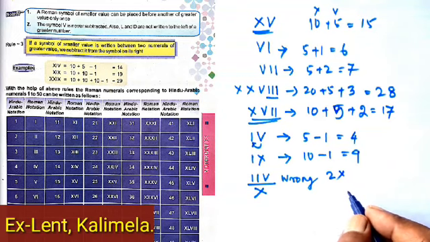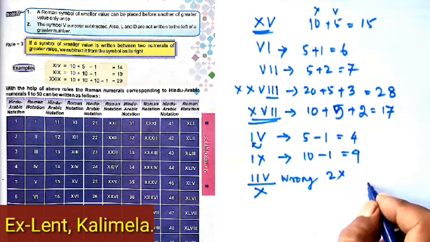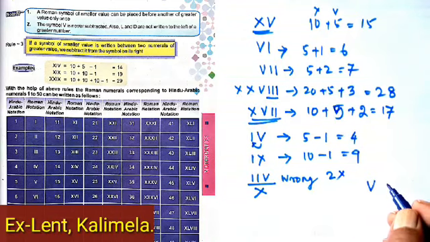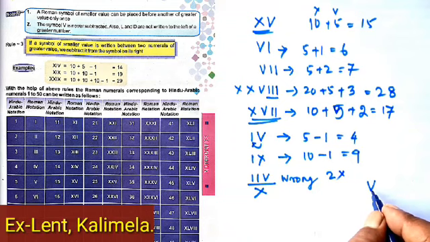Next, the symbol V is never subtracted. That means V cannot be used before any greater number.